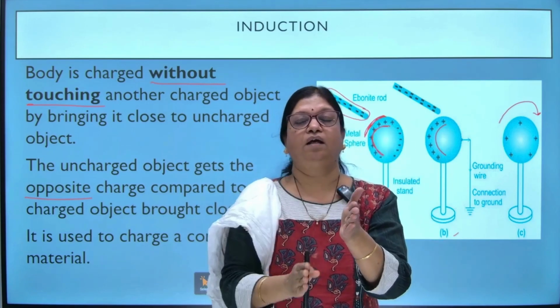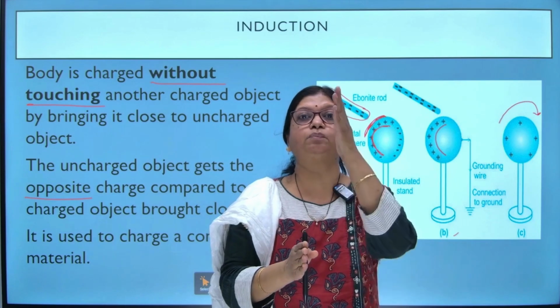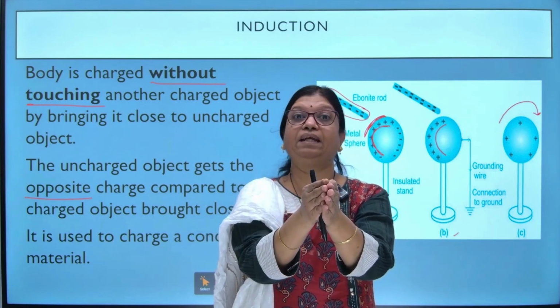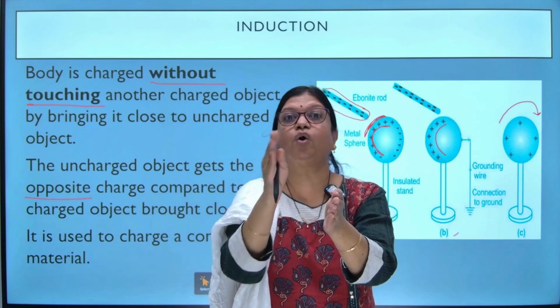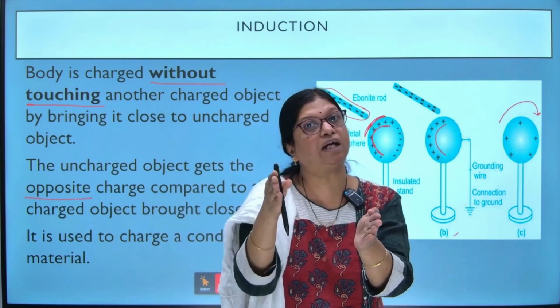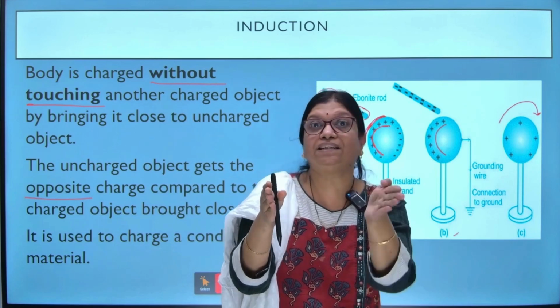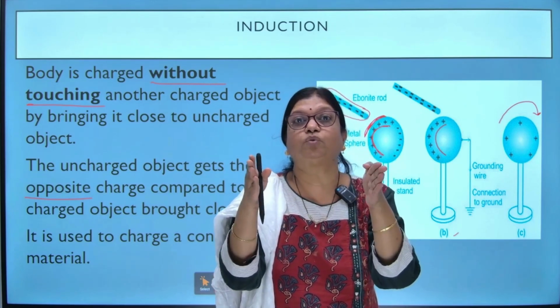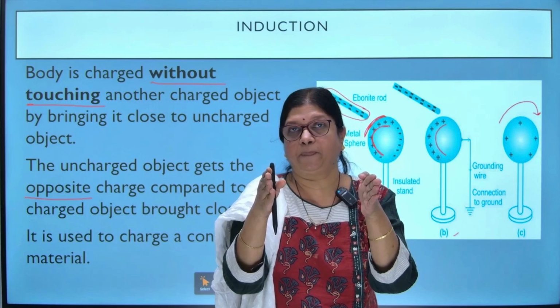If this body is positively charged, this body also will get positively charged. In induction, we don't have to touch the body which is charged. If this is a charged body with negative charge, then this will be charged with a positive charge. We don't have to touch these two bodies.